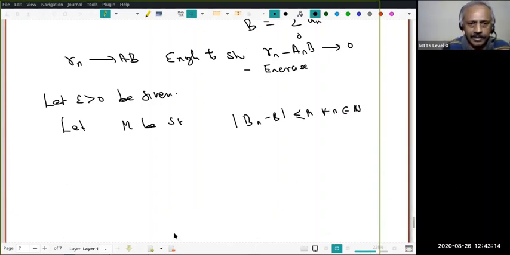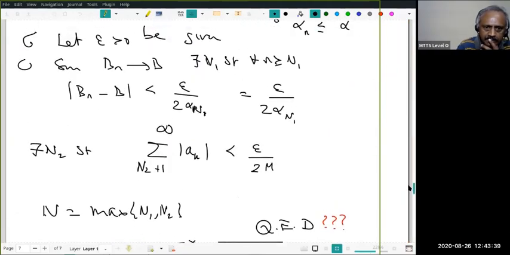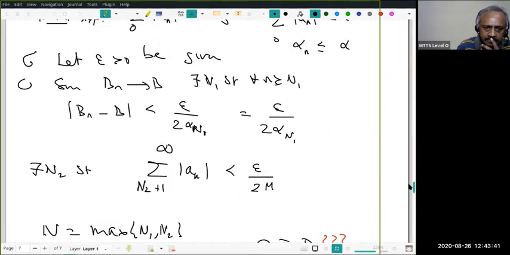You will wonder why I want that, right? Okay. Next, what do I do? Let N1 be such that, okay, what did I want? Modulus B_n minus B is less than epsilon by 2 alpha. Is that what I wanted? Yeah.